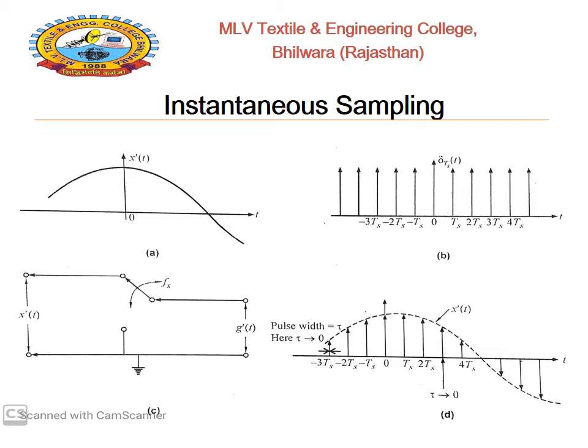When it is connected to the upper side, the input is transmitted to the output. When the switch is connected to the lower side, which is connected to ground, the output will be 0.